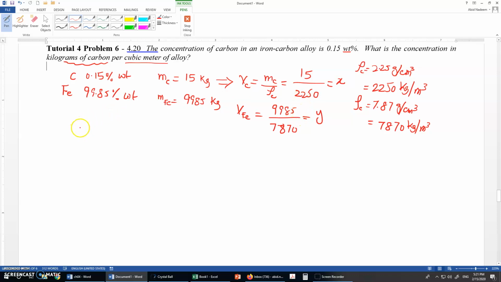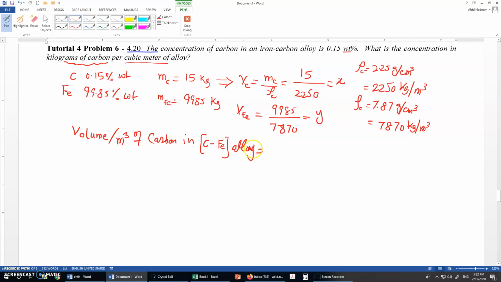So now I want to find the weight per cubic meter of carbon in the Fe-C alloy, right?